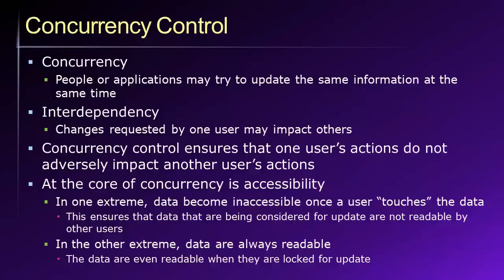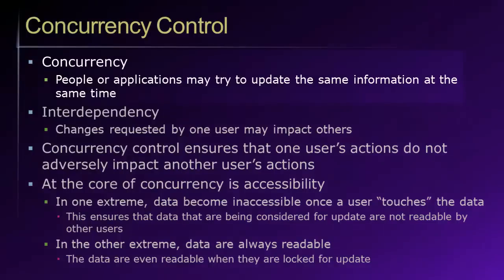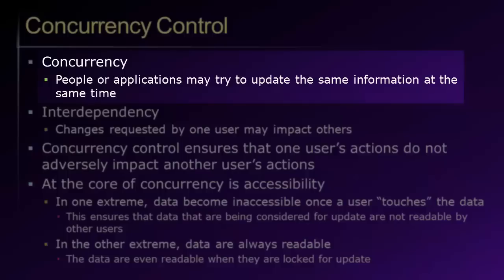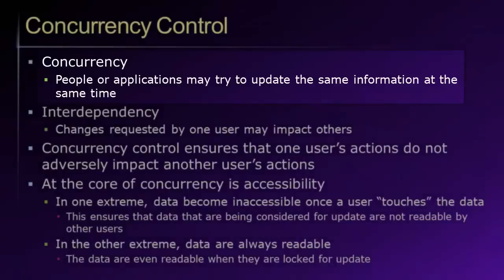So broadly speaking, the idea of concurrency is that more than one user, in this case a user might be a person, a human being, or a software application such as a standalone application, a web service, or a data-driven website, more than one of these types of users may be trying to access the same data in the database at the same time.